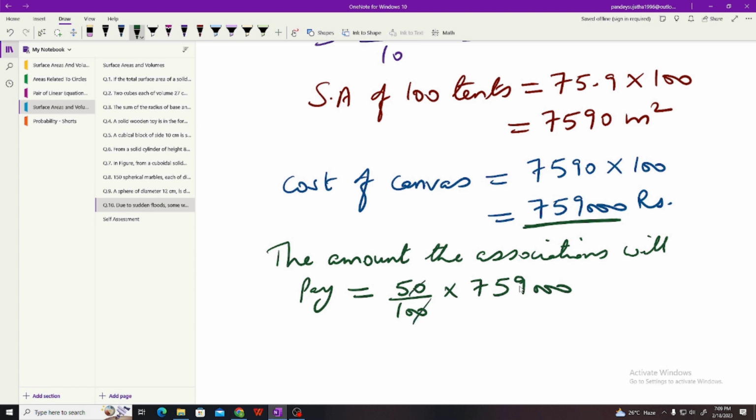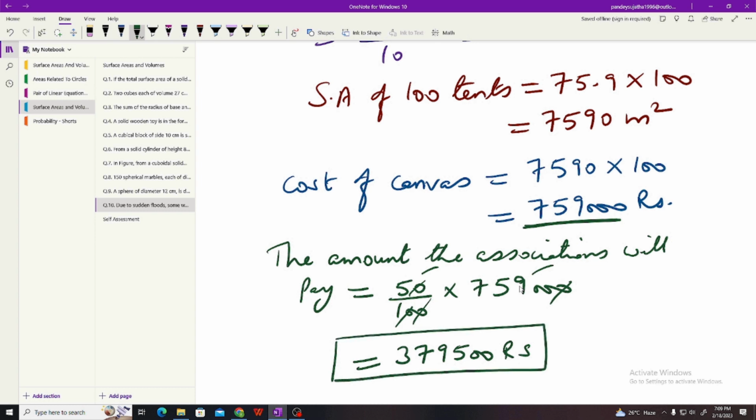So cancel this. Multiply 5 with 75,900. We get the value as 379500 rupees. So this much amount the associations will pay to the government.